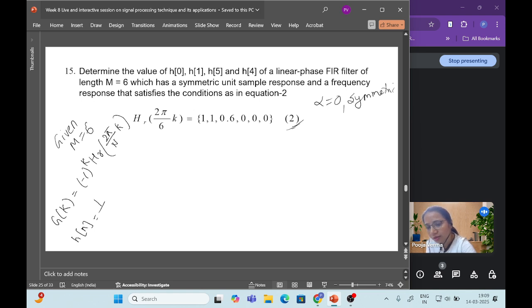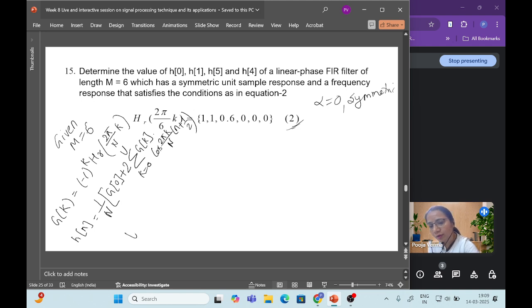So h(n) is equal to 1/N times [g(0) plus 2 times the summation, with k varying from 0 to u, of g(k) cos(2πk(n + 1/2)/N)].